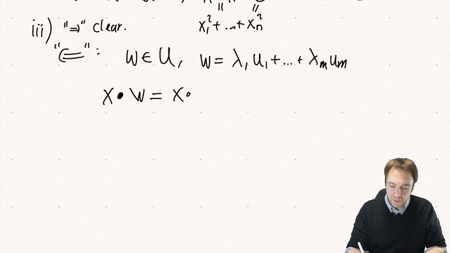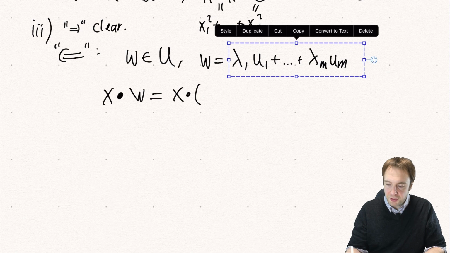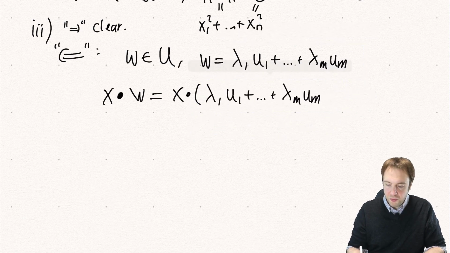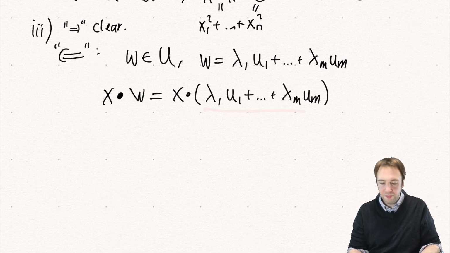Well, it's the dot product of X with this expression here, because the U are a basis, and therefore I can write any W as a linear combination of these U's.